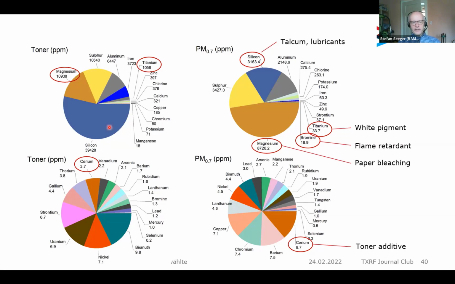Well, that's very typical for toner, and we see this also here in the aerosol. So that is an indication, among others, that the toner definitely contributes also to the aerosol.